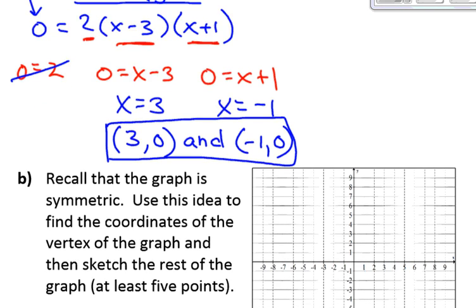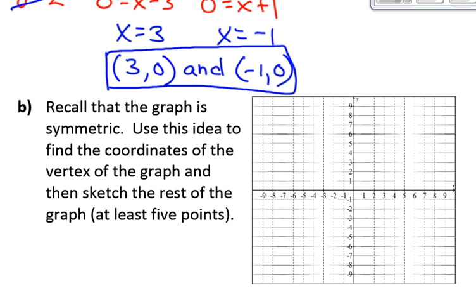Now I'm going to go ahead and graph those on my graph. So I have the point (3, 0) and (negative 1, 0). Now, neither of these are my vertex, okay? So remember the vertex is going to be on the axis of symmetry. Now, when we're in factored form, we don't have an equation for the axis of symmetry.